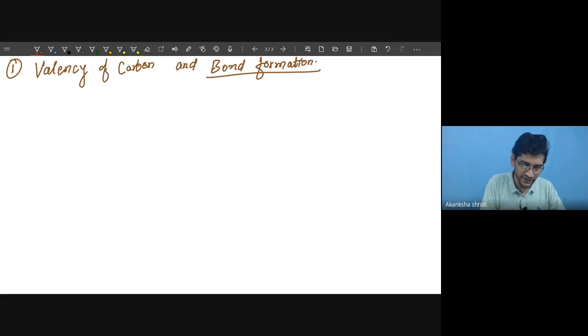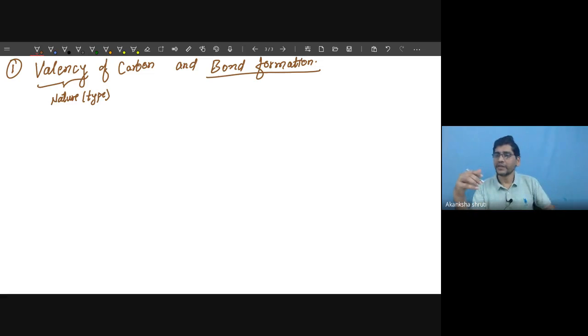What is the nature of this valency? Its nature means the type of valency, whether this valency is because of loss or gain of electrons or because of sharing of electrons. It is called electrovalent or covalent. So these things we have to learn.